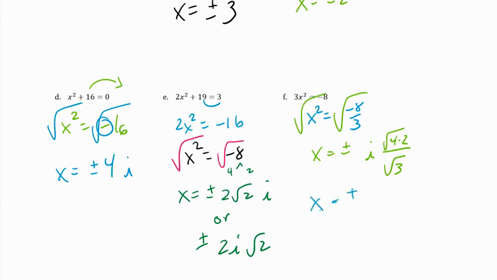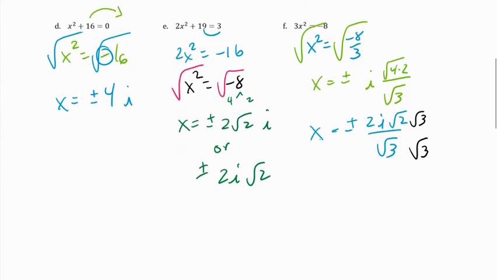So x is equal to plus or minus 2i root 2 over root 3. I need to rationalize that denominator, multiplying by root 3 over root 3. So we end up with x equal to plus or minus 2i root 6 over 3.